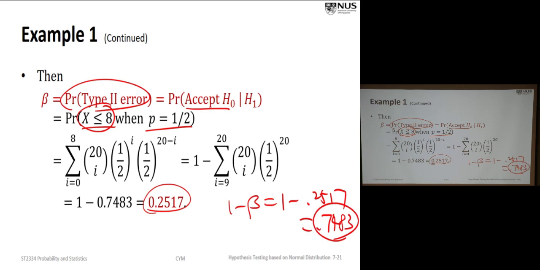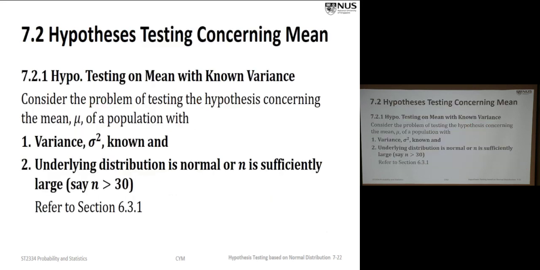When P is very far away from 1/4, like 1/2, then my decision rule achieves two things. The chance of committing a type 1 error is about 4%. The chance of rejecting the null hypothesis when it is false, or when P equal to 1/2, is about 0.74, about 75%. So the decision rule seems okay.